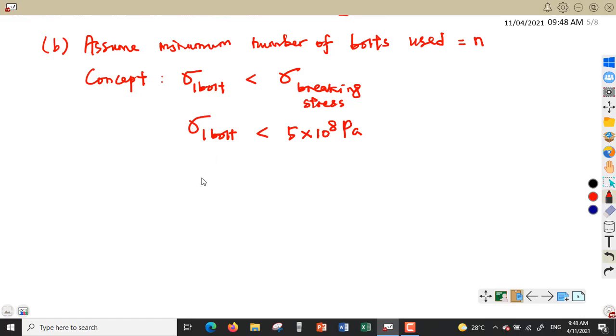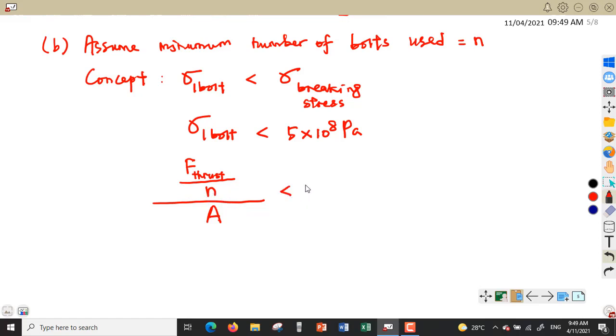So stress for one bolt will be the thrust force created by the engine of the rocket divided by the number of bolts we use, over the cross-sectional area of the bolts, because stress is force over area. So force for one bolt is the thrust force divided by the number of bolts we use.